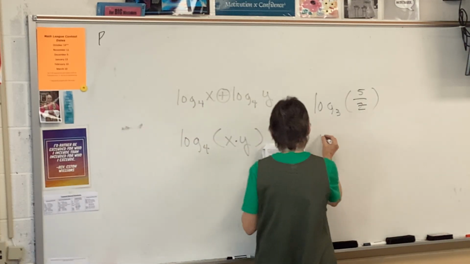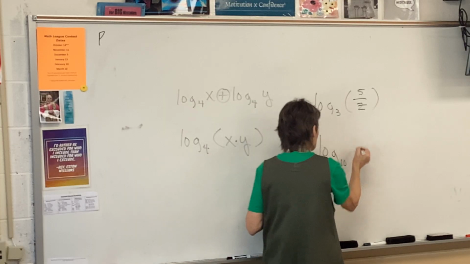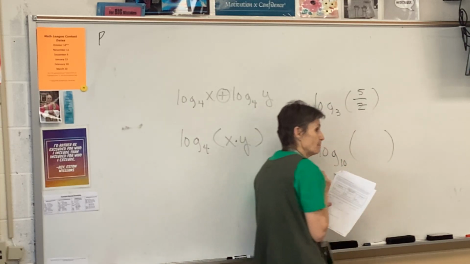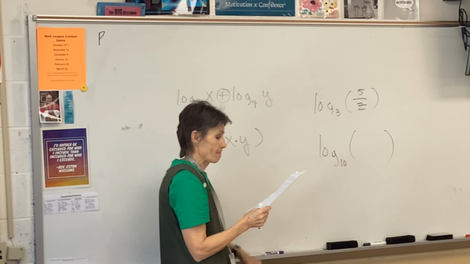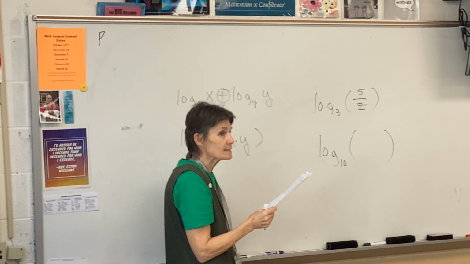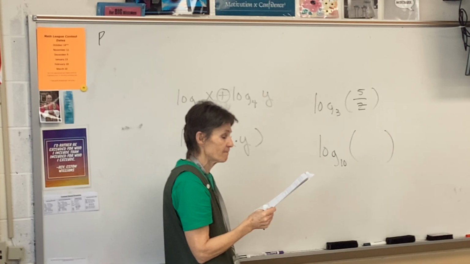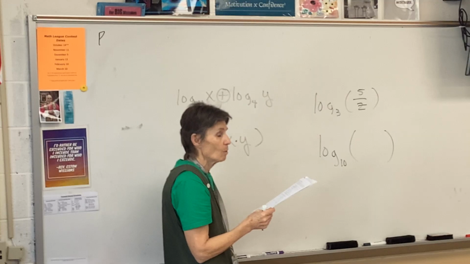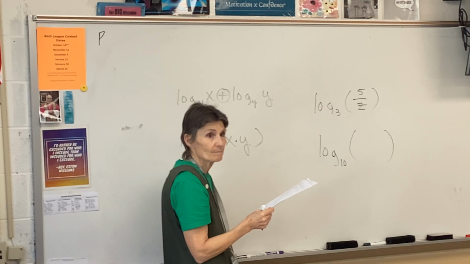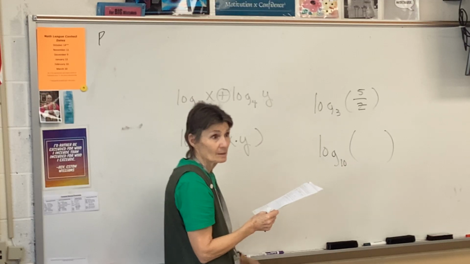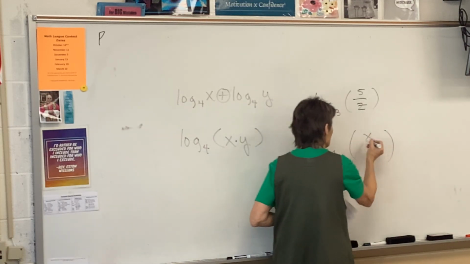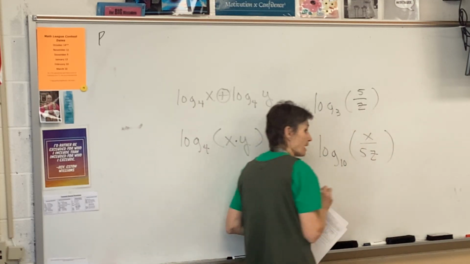All right, what about C? This is going to be one logarithm. Do something with the x, the 5, and the z. What do you think? X over 5z. I think she's exactly right. Do you?